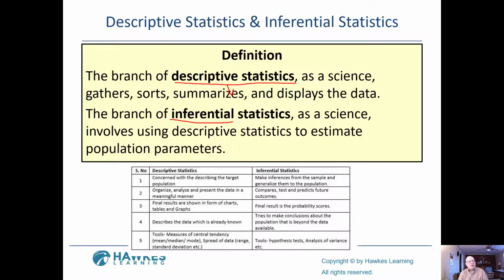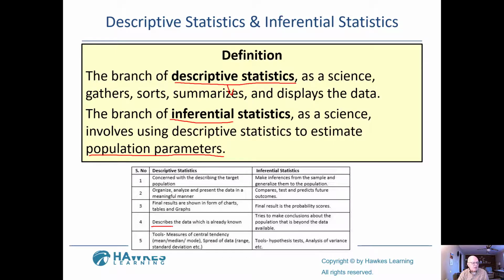Inferential statistics, you don't actually have what the parameters are. What you're doing there is you're taking a sample and you're estimating what the real population parameter is. Here's a table below here that might give you some ideas of what some descriptive statistics are.